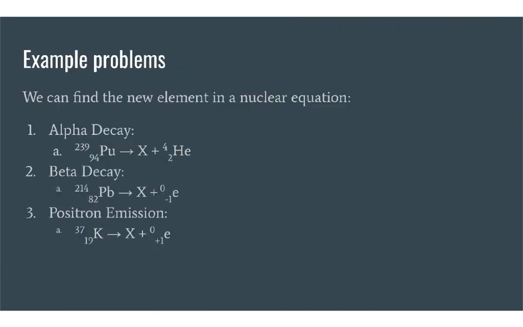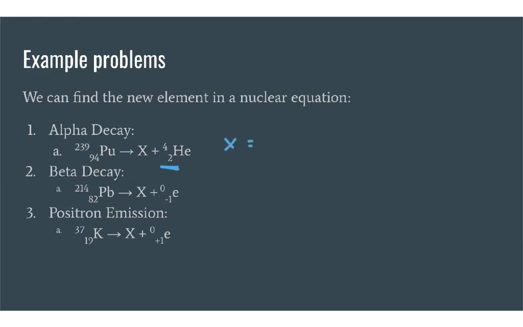And before we move on to our fourth type of decay, I want to show you guys some example problems, so we can figure out what the element is going to be based on the nuclear equation. So alpha decay, we have plutonium, which has a mass of 239 and an atomic number of 94. We know that the atomic number is going to change by 2 because we have our alpha particle here. So we're trying to figure out what element X is going to represent.